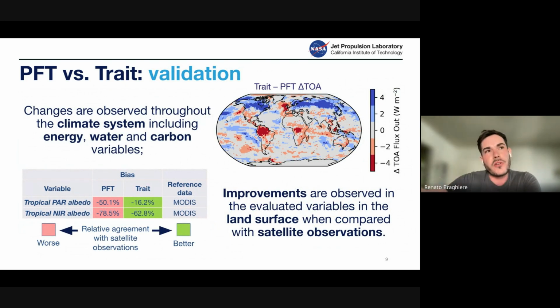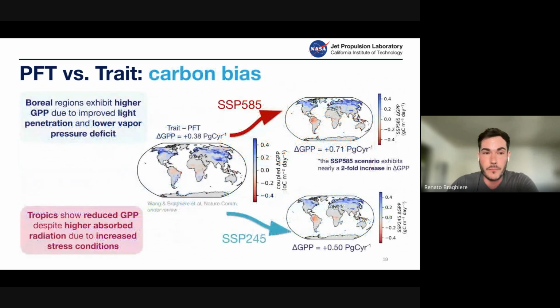We observe these differences across the climate system, including energy, water, carbon variables. And when we perform an independent evaluation with MODIS surface albedo, we see a better agreement in tropical PAR and near infrared albedo in comparison to MODIS from the trait case in comparison to the PFT case.